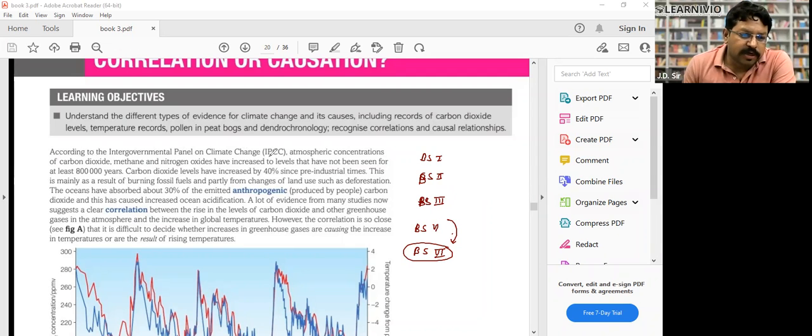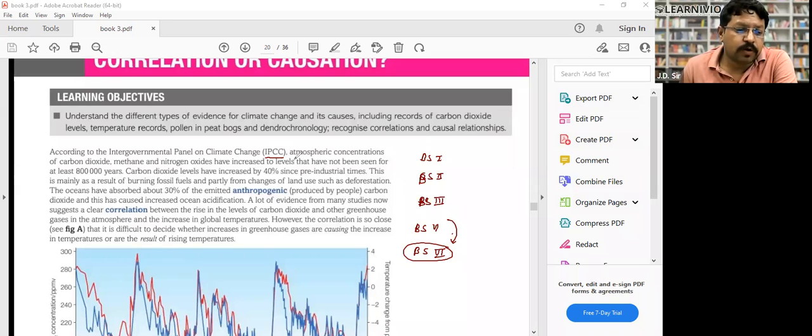Now there is an international body, the Intergovernmental Panel on Climate Change, IPCC. This is a body made up of people from different countries and bodies, and they are working to reduce the greenhouse gases. Basically, they are meant for reducing global warming, right?